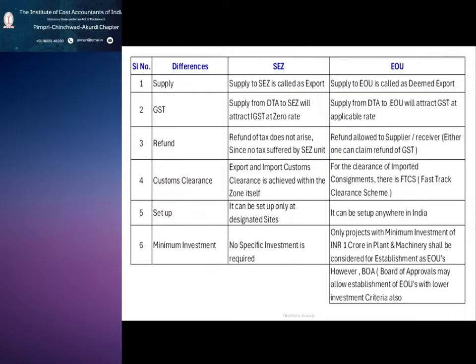So that area zone we call a domestic tariff area.